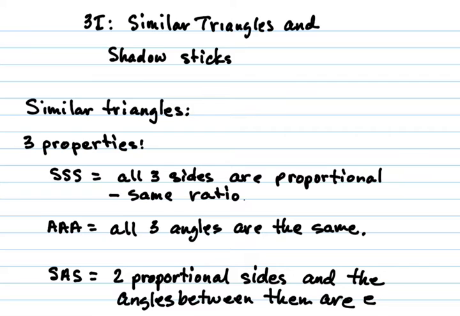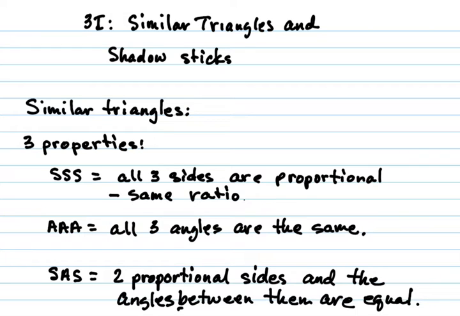The angles between them are equal. So you have 2 sides that are proportional, meaning that if you took the ratios of them, they would come out to be exactly the same number, the same scale factor, right? And the angle between them is equal.